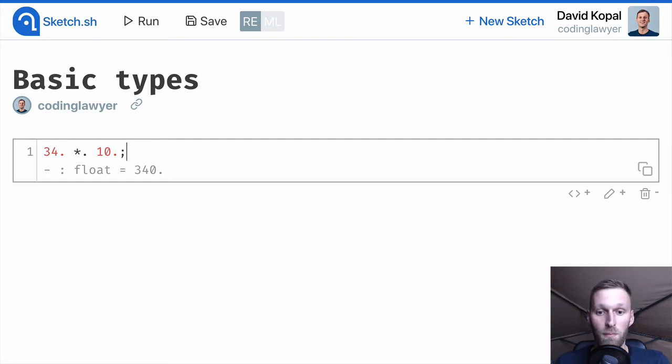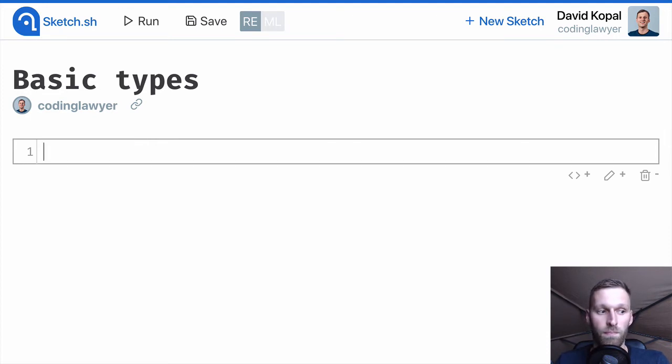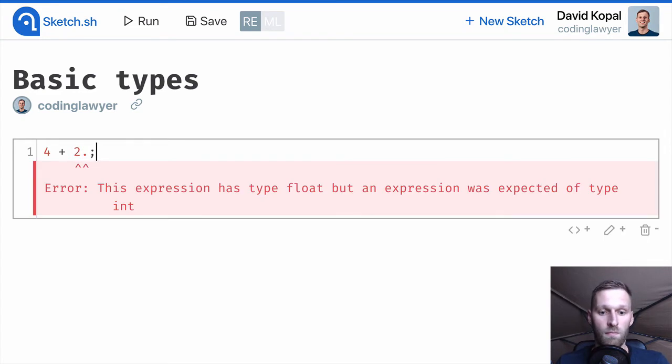Now, keep in mind that you are not allowed to mix integers with floating points without using explicit type conversion. So let's take a look at an example. So we got a type error since we are mixing integers with floats together. We tried to add the integer 4 to a float, and it doesn't work because we are violating Reason's type system.